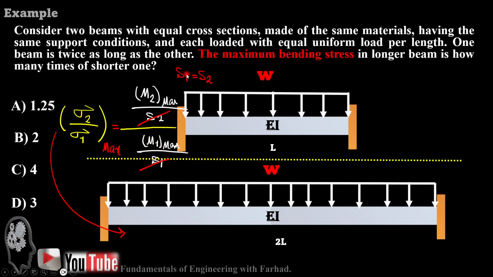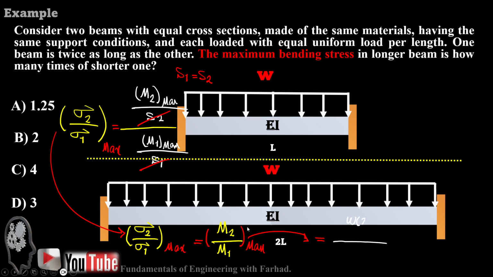The section moduli cancel out because they are equal to each other, as we saw before, and then the ratio of maximum stress in beam 2 to beam 1 is just a matter of the maximum moments. The maximum moment for the larger beam is W times (2L) squared over 12, over WL squared over 12, and that's choice C.